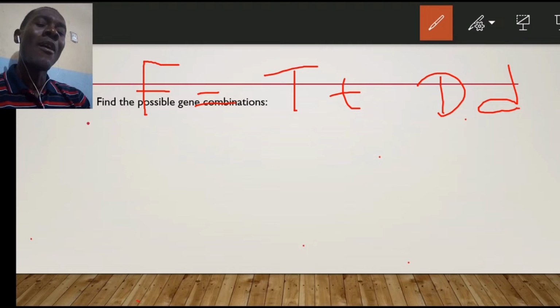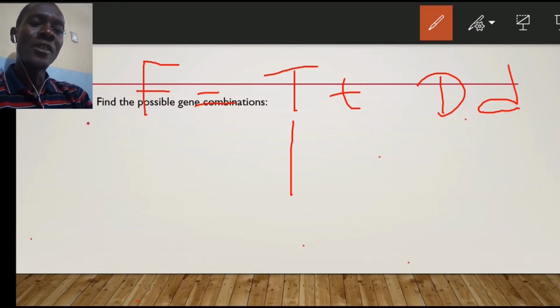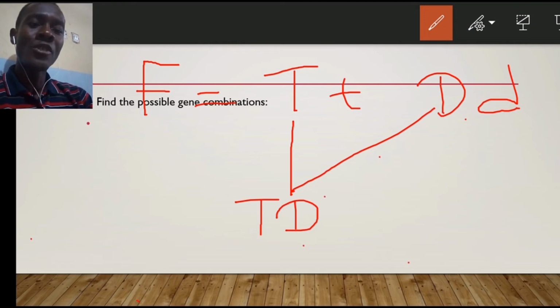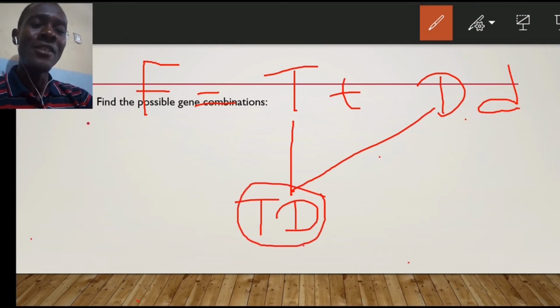And we're going to use our monohybrid crossing pattern to form these possible gene combinations. Of course, if you do it, you're going to be seeing patterns like this. In the first gamete, you can see the dominant tall gene coming into the same gamete with the dominant dark gene complexion.